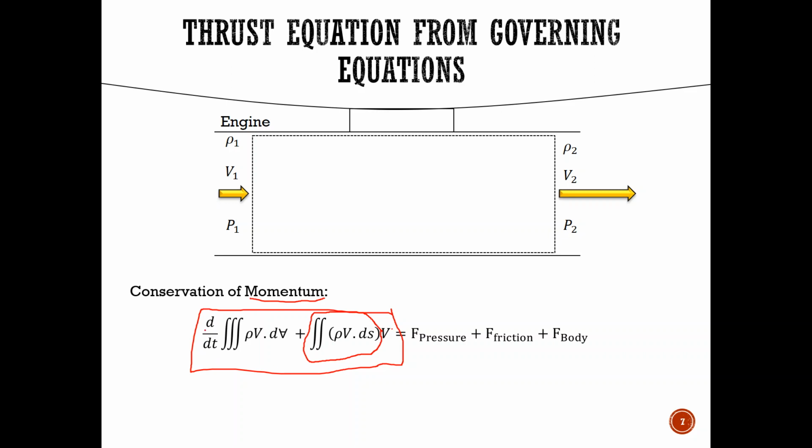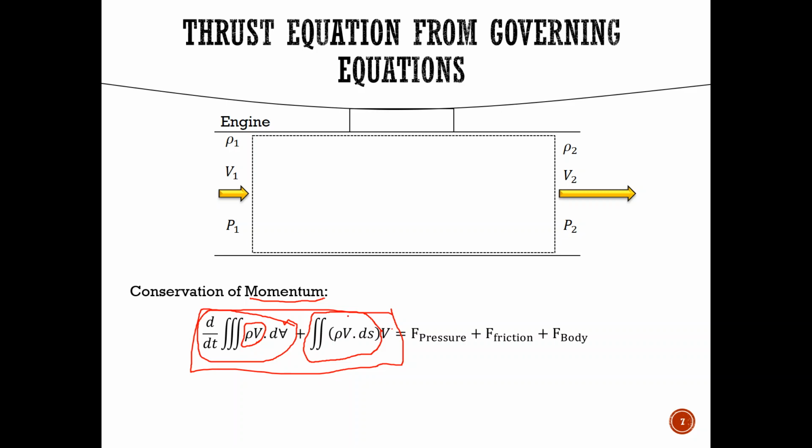So instead of tracking how mass changes inside the control volume, this first term accounts for changes in the momentum inside the control volume. Again, there's a dot dV because we have to account for the direction in which velocity approaches this change in volume, right? So density times velocity gives you the momentum. You're tracking momentum as a function of time inside the control volume. That's the first term, right?